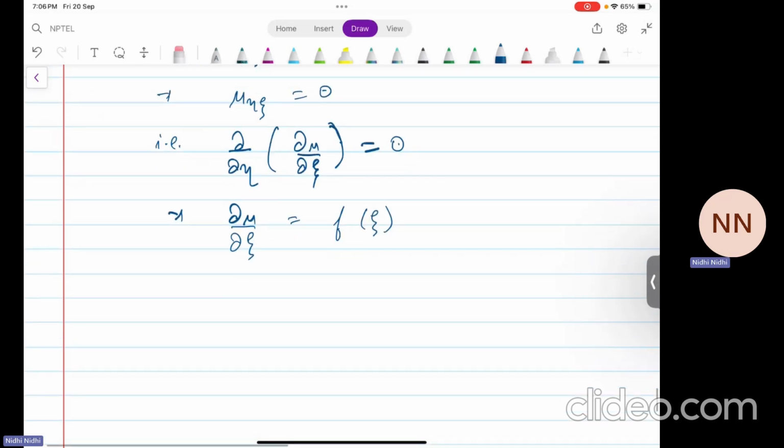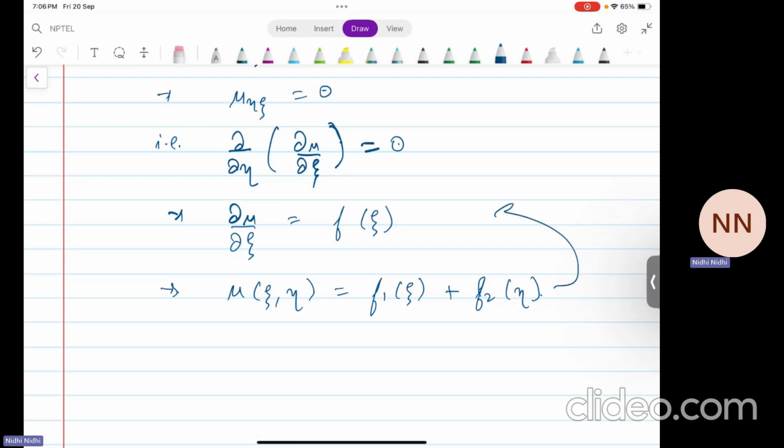So this implies del u by del zeta is some function, say f of zeta. Now integrating both the sides, we will get that u zeta eta would be some integral of u zeta, which will again be a function of zeta. So I'll take that to be f1 zeta plus some other function that depends completely on eta, because its derivative with respect to zeta will be 0, and we'll go back to this equation once we differentiate it with respect to zeta.